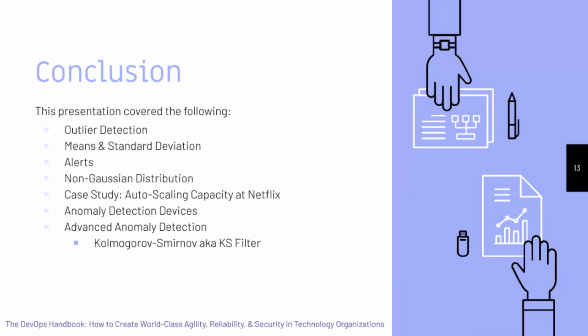Not all data sets work with a Gaussian bell, resulting in non-Gaussian distribution. We took a look at a case study at Netflix, specifically their auto-scaling tool, Scryer. Anomaly detection is the search for items or events which do not conform to an expected pattern, which involves monitoring tools and statistical skills. And we looked at a comparison of the simple 3 standard deviation method versus more advanced anomaly detection, the Kolmogorov-Smirnov test, which is also known as a KS filter.